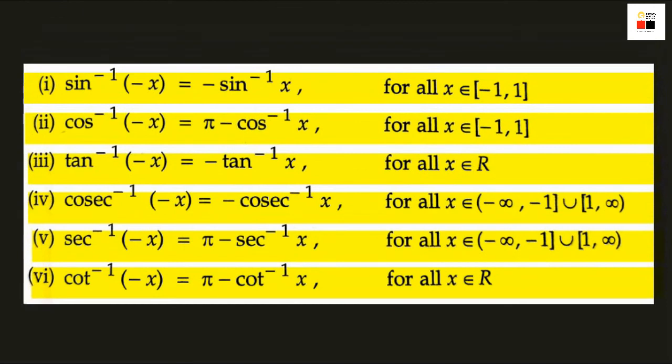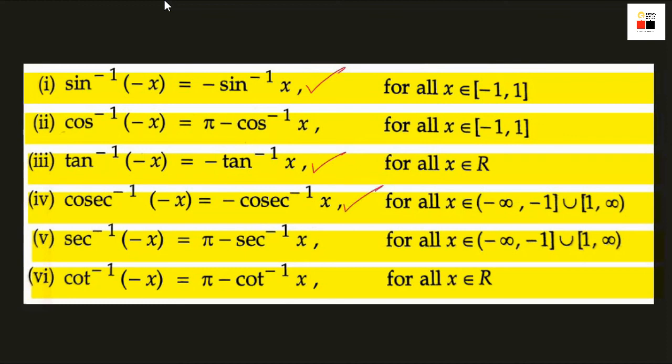This will be our solution. Now another property is sin inverse of minus x is equals to minus sin inverse x. Tan inverse of minus x is equals to minus tan inverse x. Cosec inverse of minus x is equals to minus cosec inverse x.